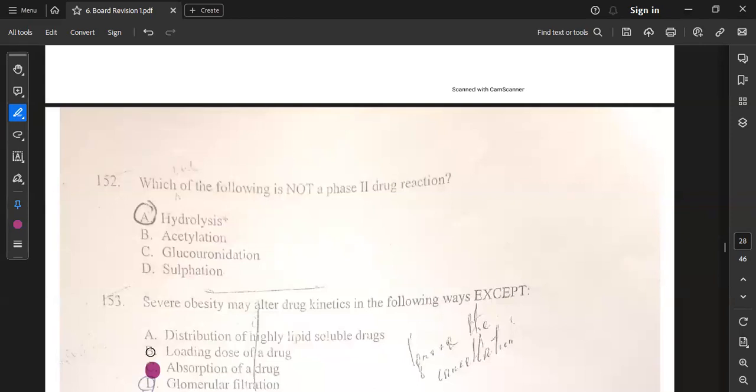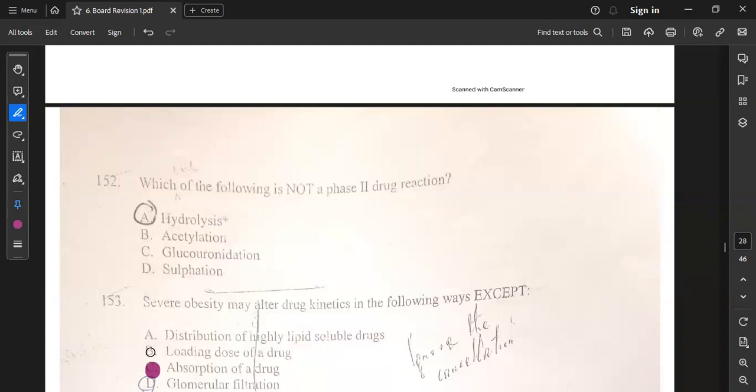So definitely kinetics are affected. The loading dose, we have said, is related to the volume of distribution as well.